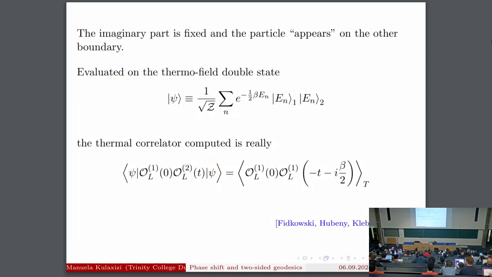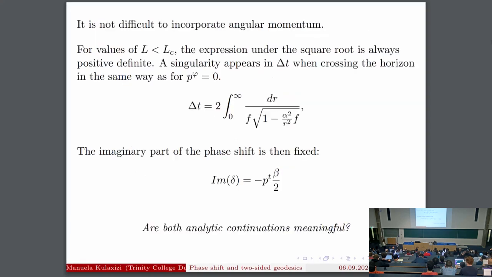Thanks to these authors, this was shown by considering the two-point function of operators in the thermofield double state. Now, however, these light operators that we were considering before have to be thought of as living in different boundaries, and correspond to a correlation function of operators of the same CFT with a shift in time that will depend on beta over 2, where beta is the inverse temperature.